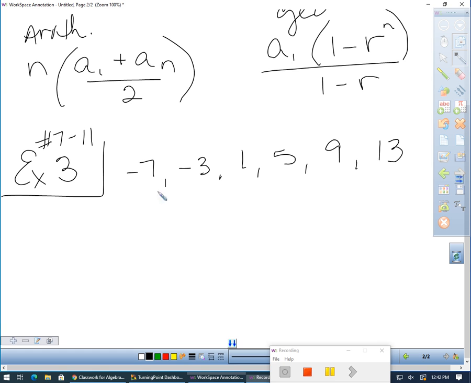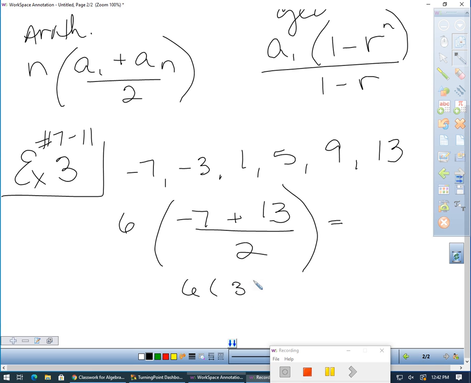First of all, n is the number of terms we have. We have 1, 2, 3, 4, 5, 6 of them, so 6. Then the first term is negative 7 plus the last term, which is 13, divided by 2. Negative 7 plus 13 is 6, divided by 2 is 3. So 6 times 3, which is 18. So using this formula instead of the sigma notation is another way to do it.